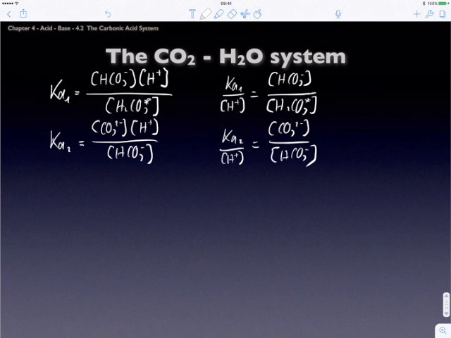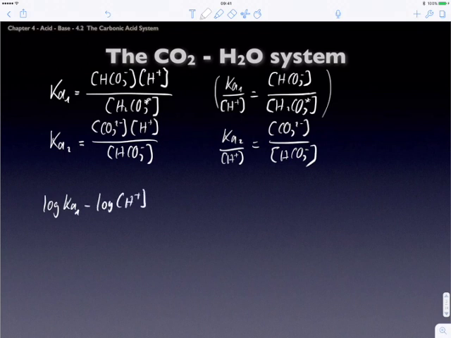So now I'm taking the log of everything. In this case you will have log of Ka1 divided by H+ equal log of Ka1 minus log of H+.